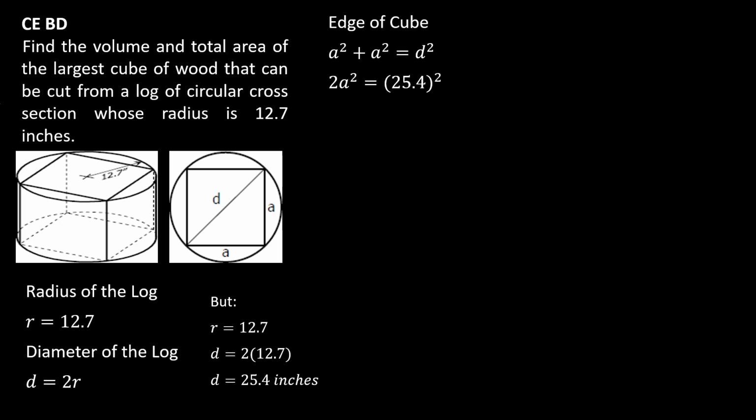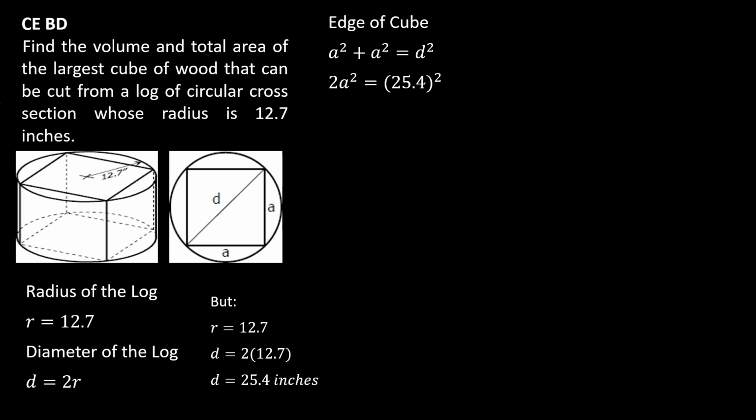Simplifying our equation, it becomes 2a squared is equal to 25.4 squared. Why? Because a squared plus a squared is equal to 2a squared, and the value of the diameter of the log is 25.4, substituting it into the equation a squared plus a squared is equal to d squared.